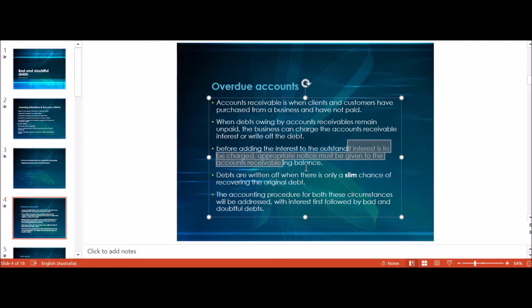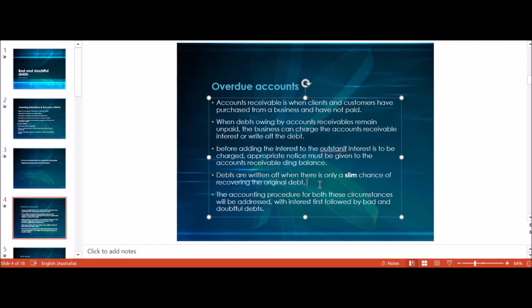The same thing applies here: interest will be paid on the outstanding amount overdue. It's one way we can encourage our accounts payable to pay early.